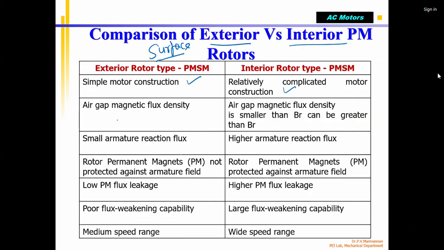Then the air gap flux density, correct? Air gap density is constant. Here, the air gap magnetic density is smaller than BR.